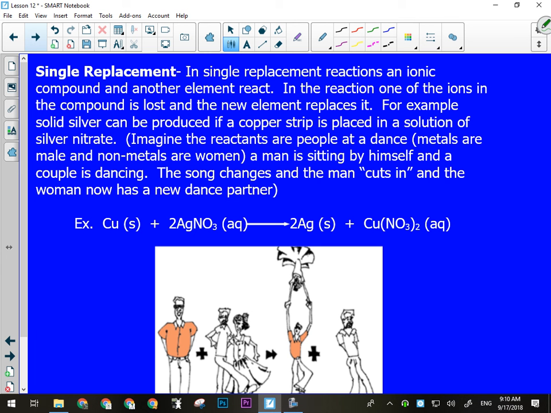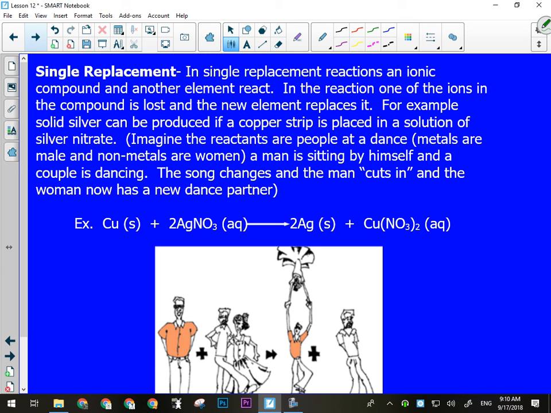Okay, so in a single replacement reaction, what happens is an element by itself reacts with an ionic compound. One of the things in the ionic compound is replaced by this element. Now copper, metal or non-metal? Metal. Whatever this element is that's out here by itself is going to replace the part of the ionic compound that it is like.